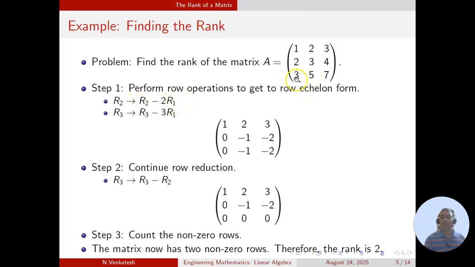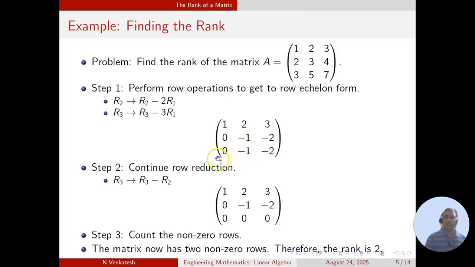Similarly, we do R3 minus 3 R1, so that these two elements will be 0. Now if you do this on all elements of row 2 and row 3, we are going to get this matrix. Now again we consider the second row second element. All the elements below that we should make 0.